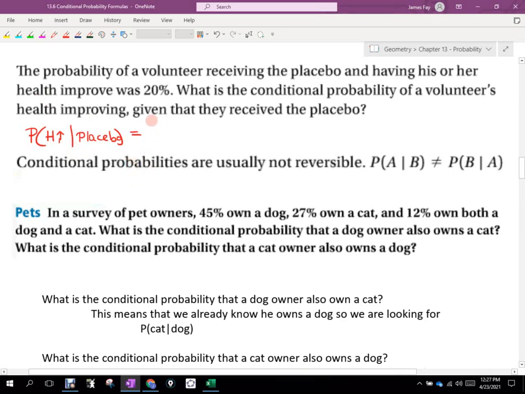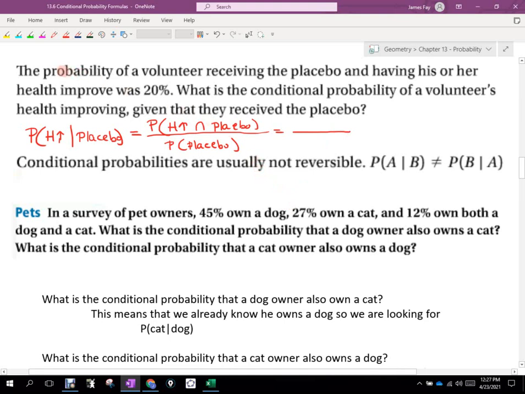Well, then the numerator is going to be the probability of health improved and placebo, divided then by the probability of receiving the placebo. Okay. So are we okay with that?